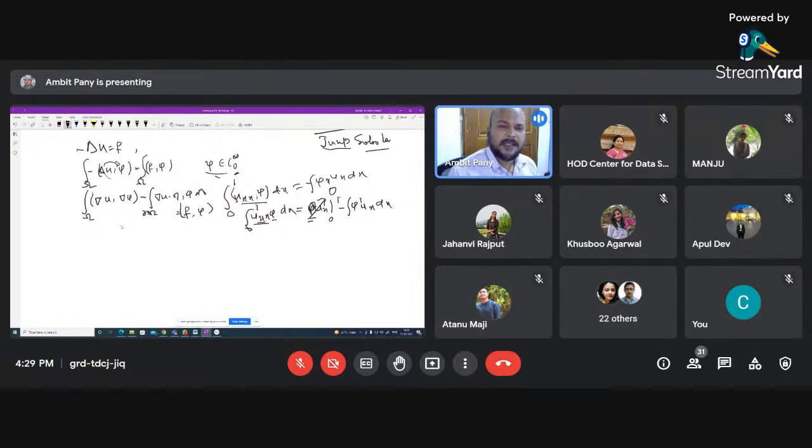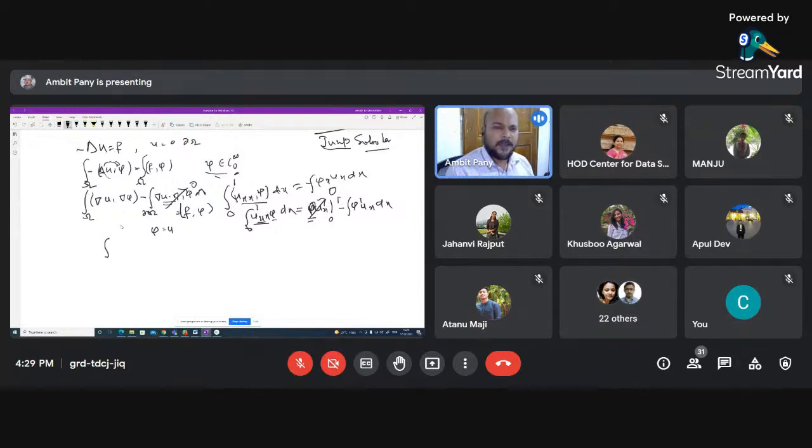Now what actually happened? The question is, when I'm trying to express it in this sense, you can see that if I have more information about u on the boundary, that means if in this problem I'm using u equal to 0 on the boundary, and I'm choosing phi equal to u, then what happens? This term is going to be 0.